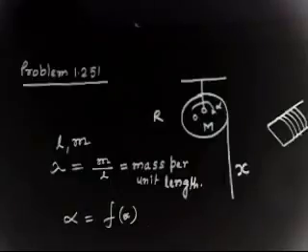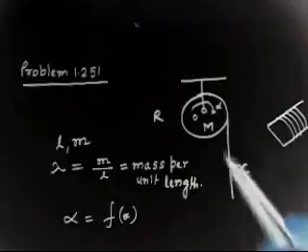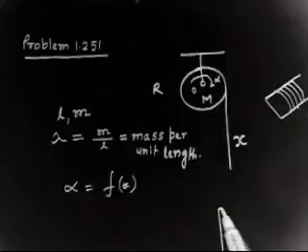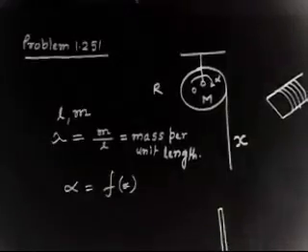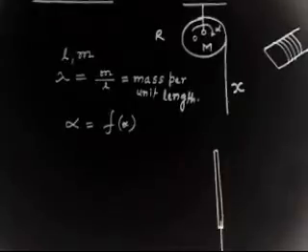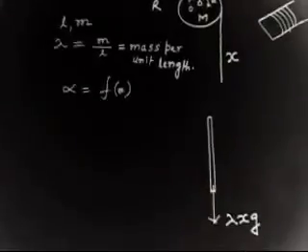So what are the forces that are acting? Let us say this part of the thread, I make this thread something like this. So this is my thread. What is the downward force on the thread? Lambda into x into g. That is acting in the downward direction.